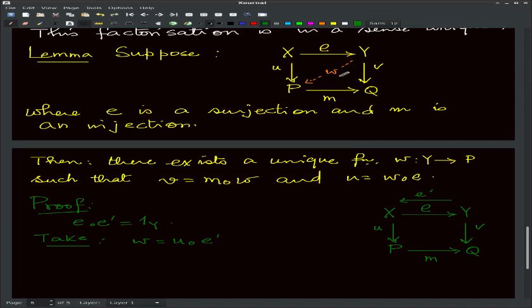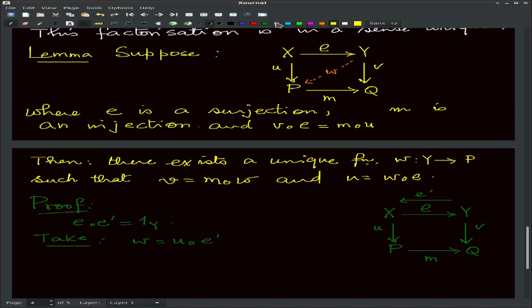When I drew this, I should have said such that this commutes: E is a surjection, M is an injection, and V composed E is equal to M composed U. So this diagram initially commutes.